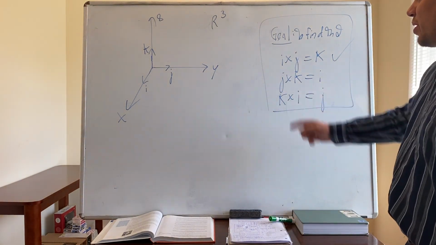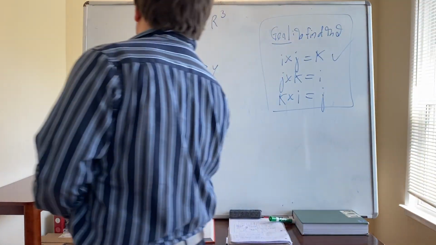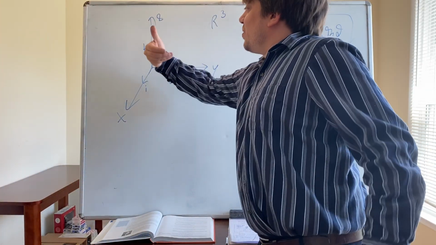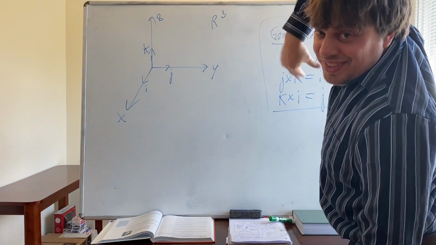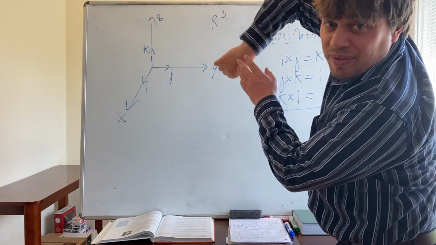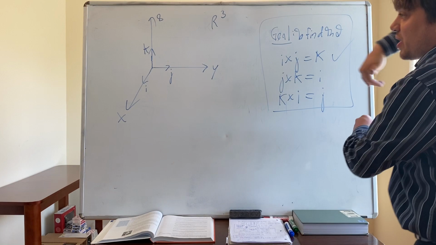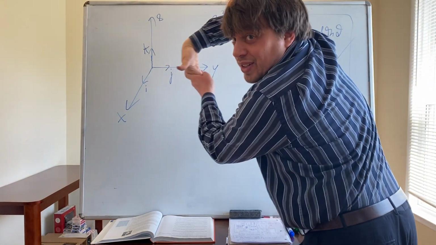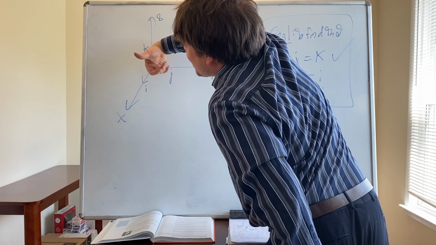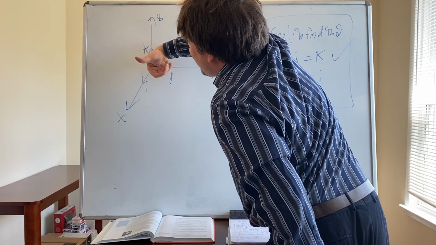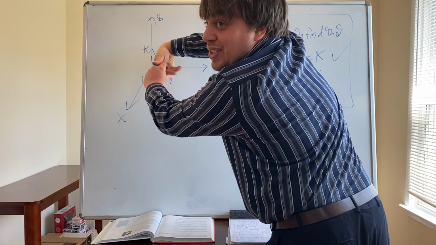Okay? J cross k. If I start at j, this is where you have to have some ability to be flexible with your arm a little bit. J cross k, if I have my 4 fingers pointed towards j, and I curl my fingers from j to k, they're going to curl in this direction.